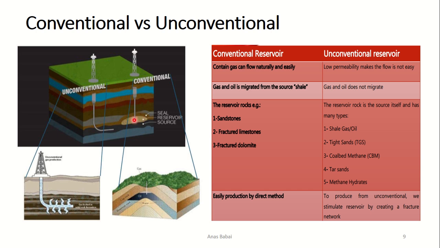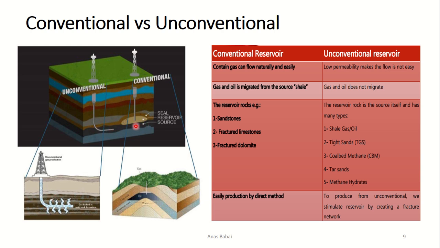We have a source rock, we have a reservoir, and we have a seal that prevents the hydrocarbon from further migrating. But in unconventional reservoirs, we actually drill through the source rock itself.